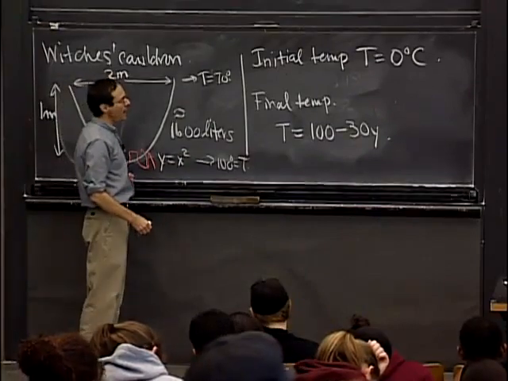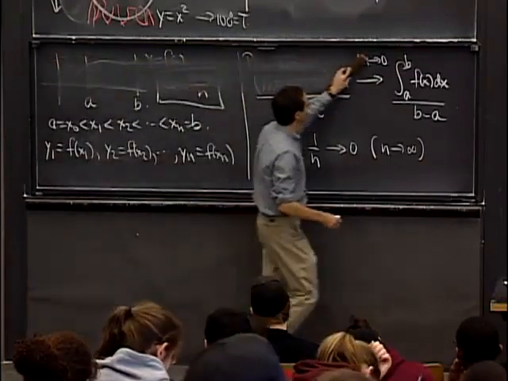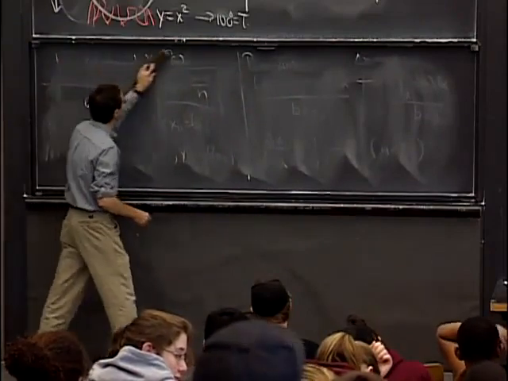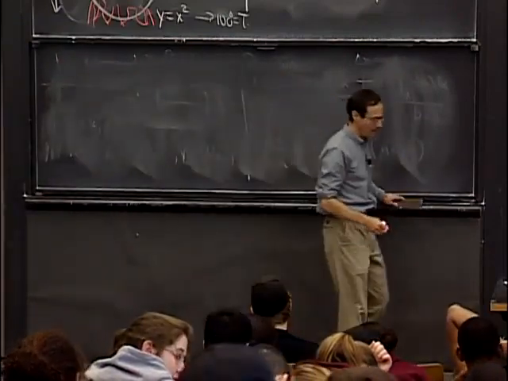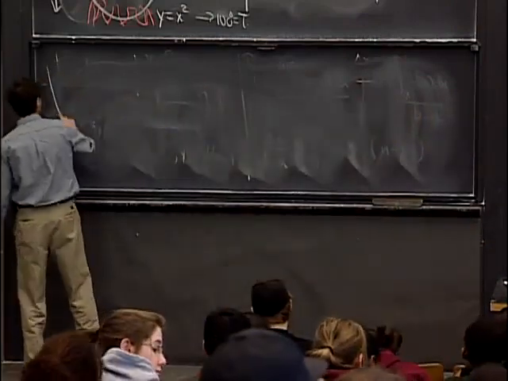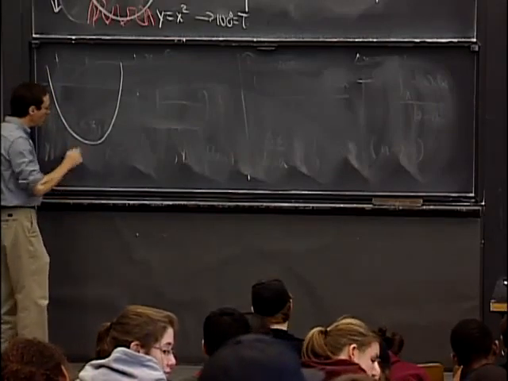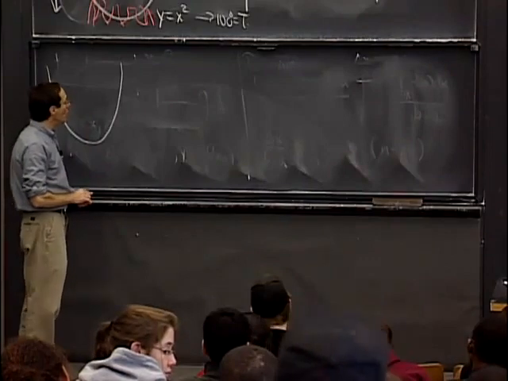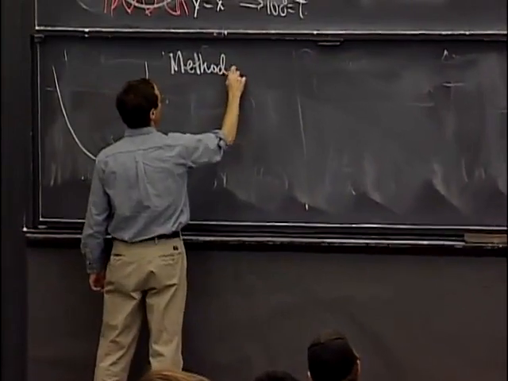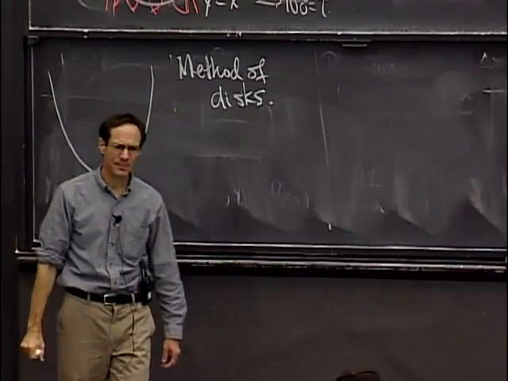And the question was, how much energy do we need. So the first observation here, and this is the reason for giving this example, is that it's important to realize that you want to use the method of disks in this case.